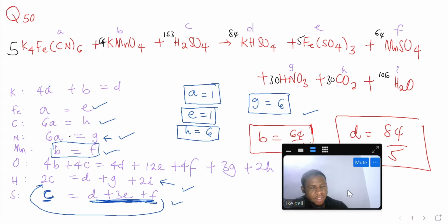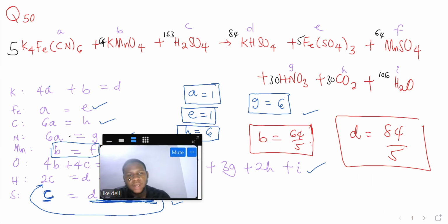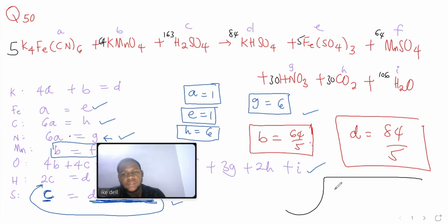Potassium on the left is 5 times 4, which is 20, plus 64. That gives us 84. And on the right hand side is also 84. So that's good.